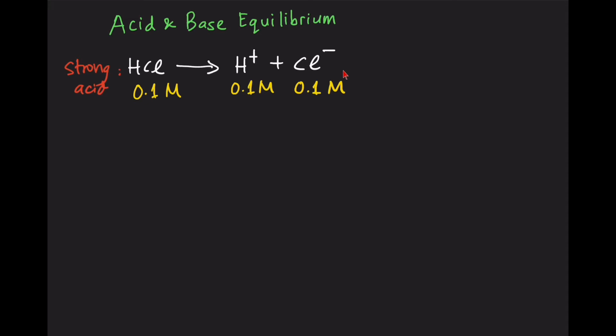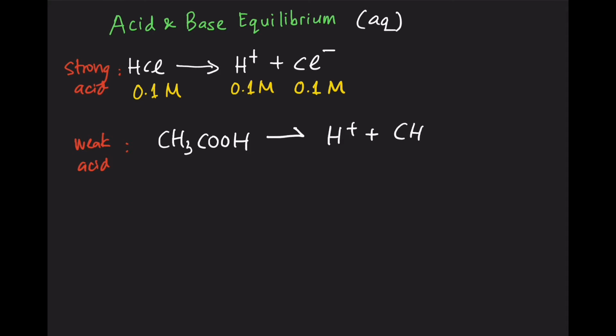However, this is not the case for weak acid. Let's take our favorite weak acid, so the acetic acid, CH3COOH. Don't forget the phase for this is always aqueous because we are working in solution. So for CH3COOH, there is a reaction that goes to the right side, making H plus and CH3COO minus.